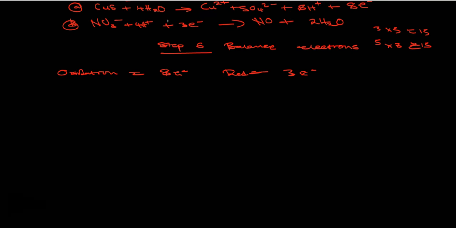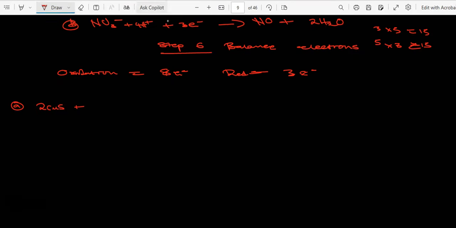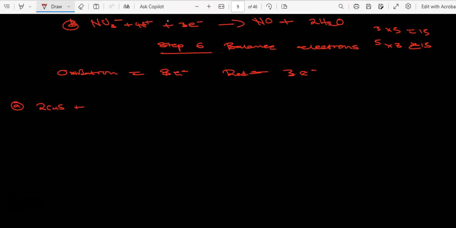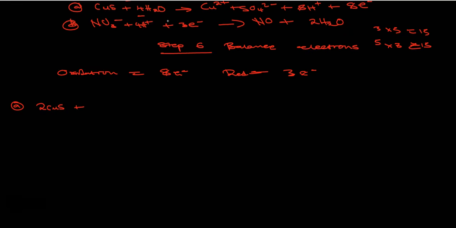So we start. 2 multiplied by 3, we are going to have 6. 4 times 3, we are going to have 12 H2O.